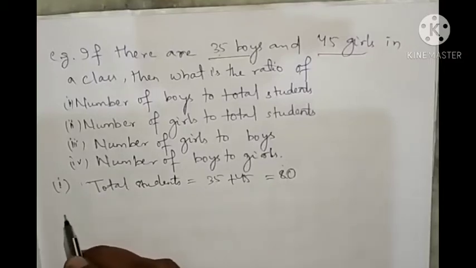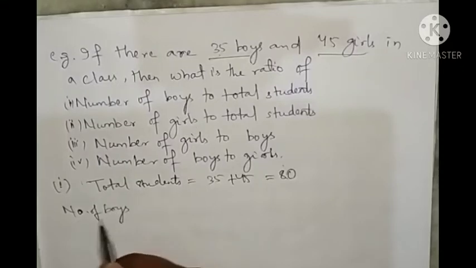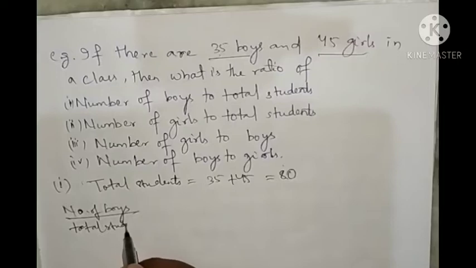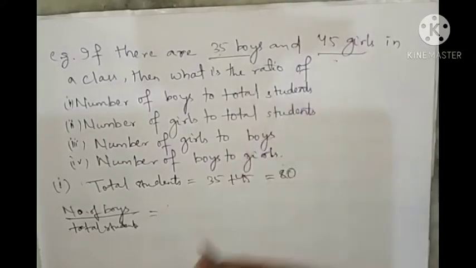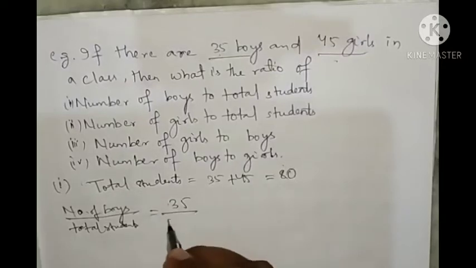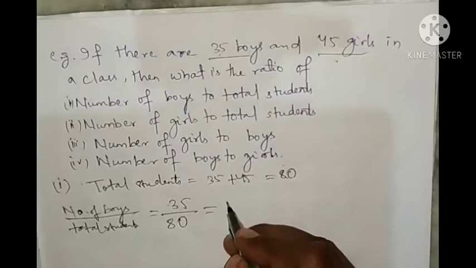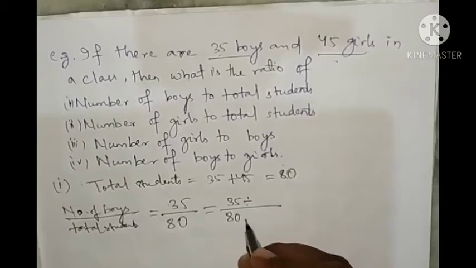So you will write number 1, number of boys by total students. So what you will write? Number of boys is how much? 35. 35 by total students is 80. So you can do it: 35 divided by 80.